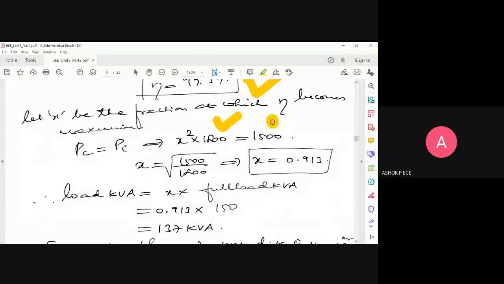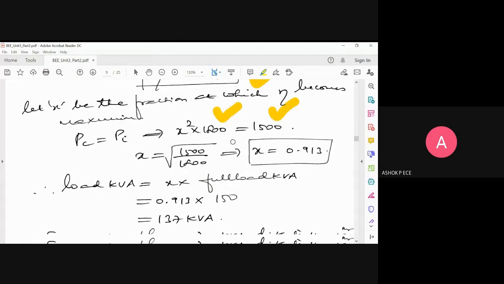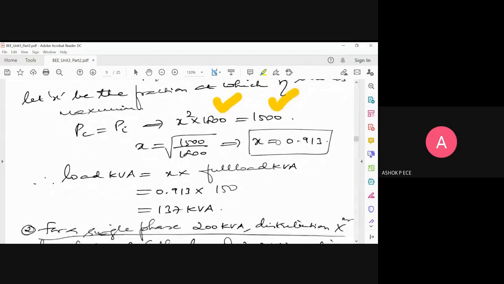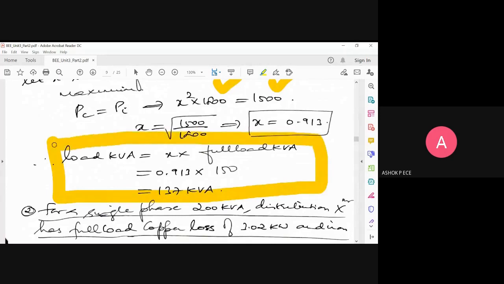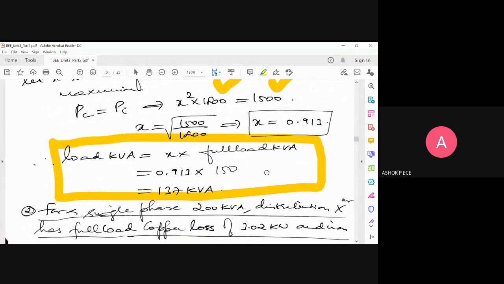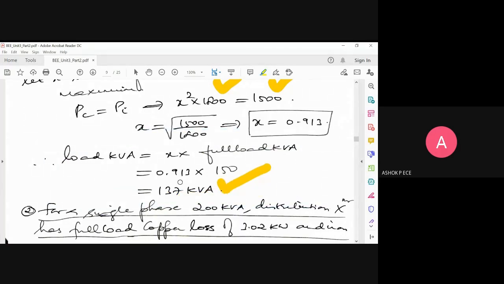So x square into 1800 will be equal to 1500. From this, we can find x. So x is going to be 0.913. Finally, the load kVA will be x into full load kVA. So x is 0.913 into 150. It is 137 kVA. Only at 137 kVA can we say the efficiency of the transformer is going to be maximum, because copper loss equals iron loss. Any doubt?